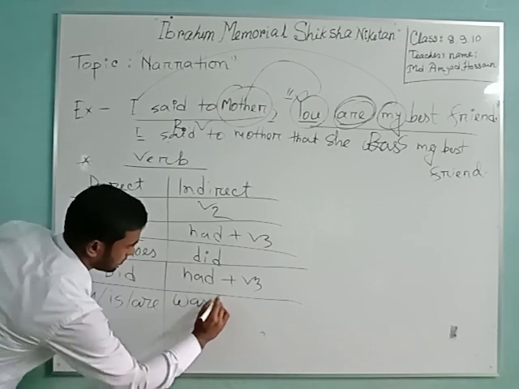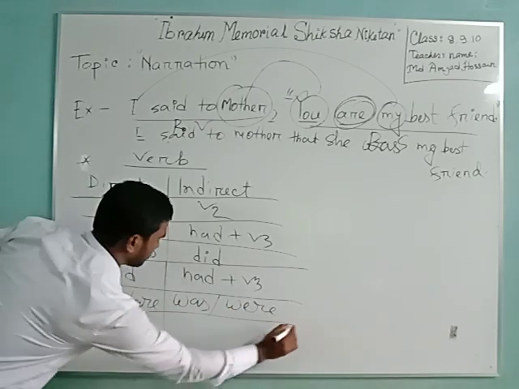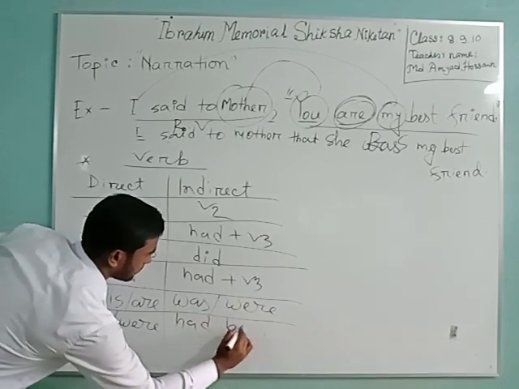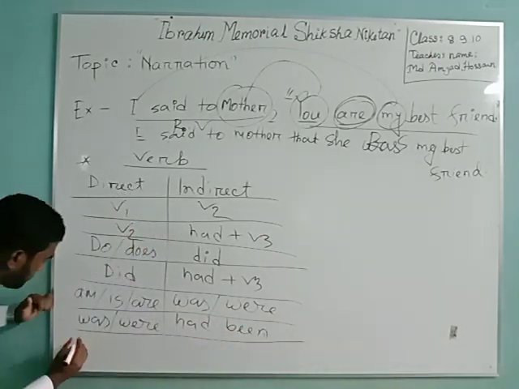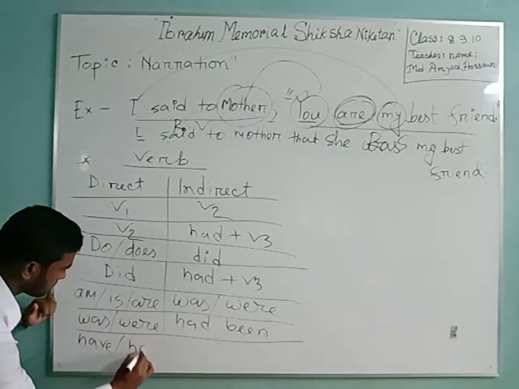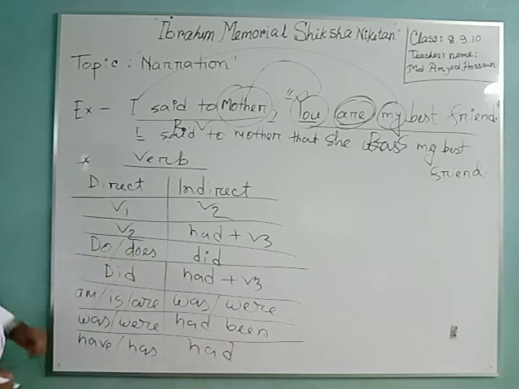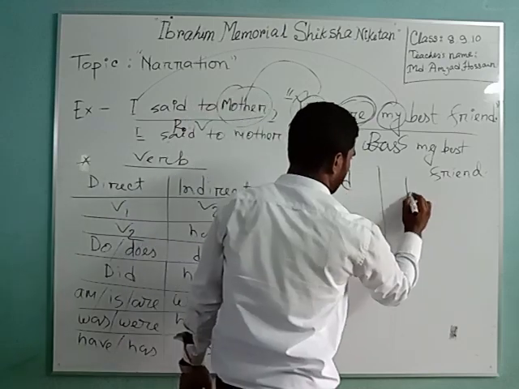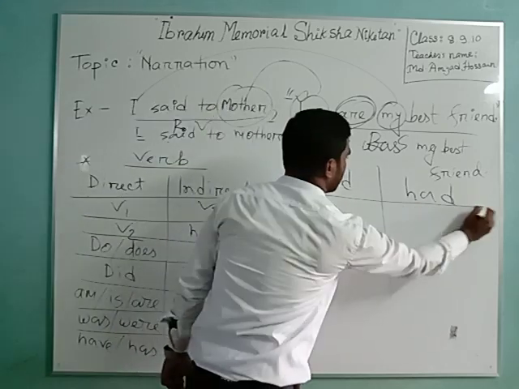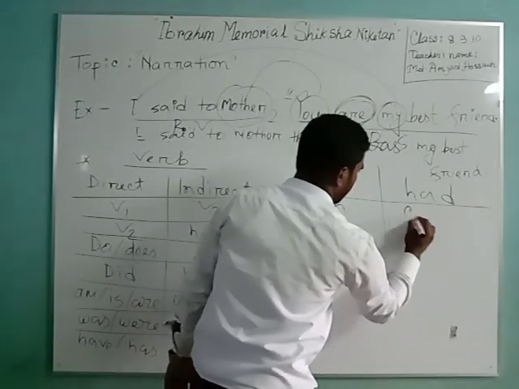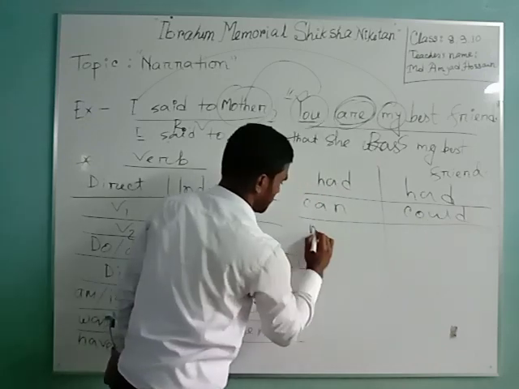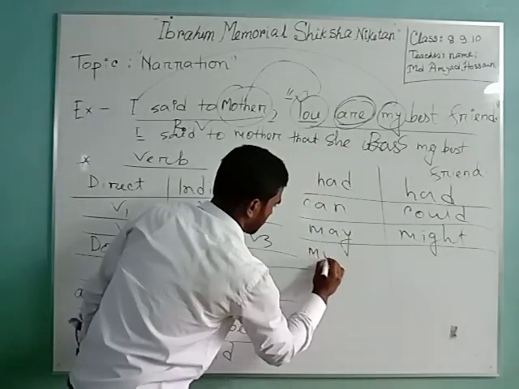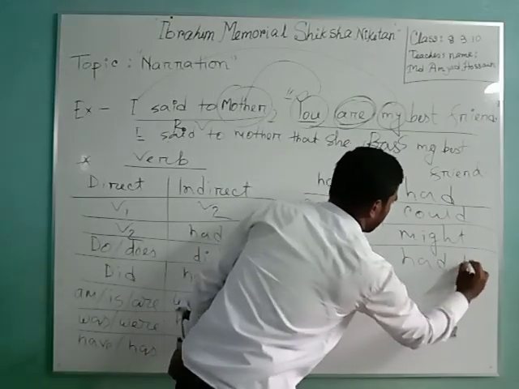Am, is, are, was, were, had been. Have, has, had. Had. Then, good. May, might, must, had to.